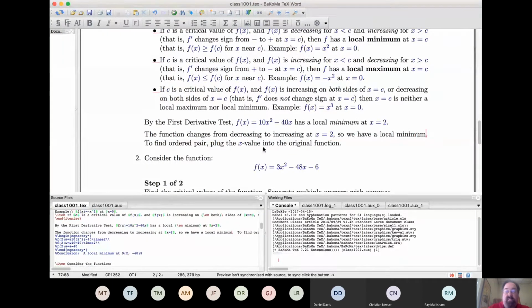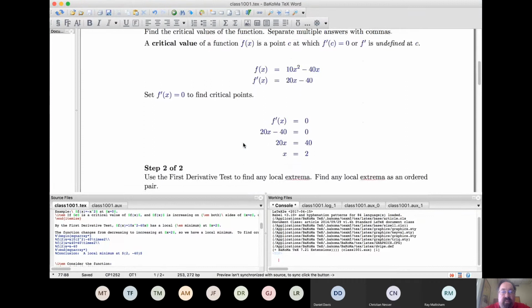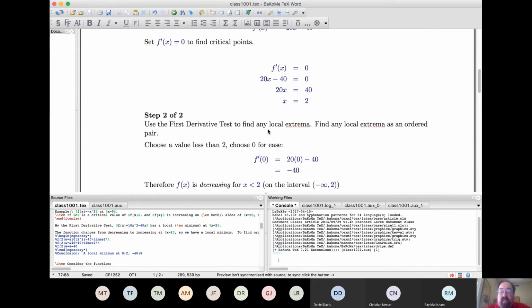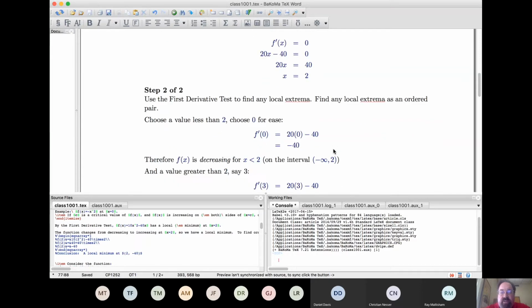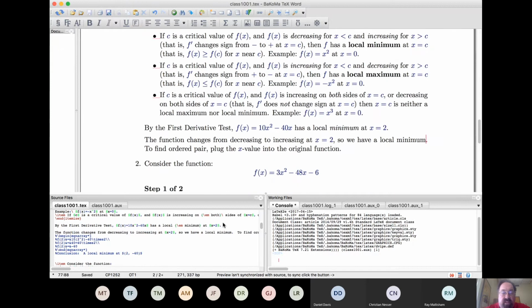Now, what the problem actually asks for, to go back to the wording of it, is to find any local extrema. Extrema would be maxima or minima, as an ordered pair. So it wants an x value and a y value. The x value we found, that's x equals 2. To get the y value, you have to substitute that x value into the original function.